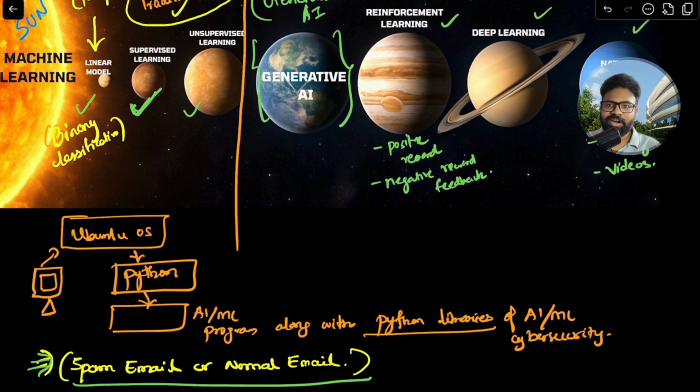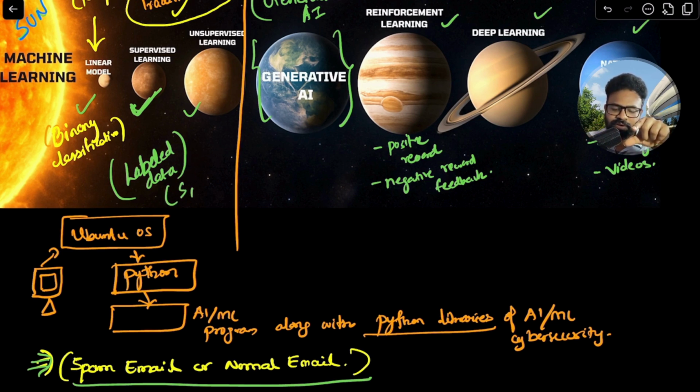Because it is more advanced for our scenario and uses labeled data. Labeled data is nothing but labeling an email as either spam or a normal, legitimate email. Spam, normal. Spam, normal. So you are categorizing the classification with a labeled tag in supervised learning. Whereas in the linear model you have the drawback of only binary classification.